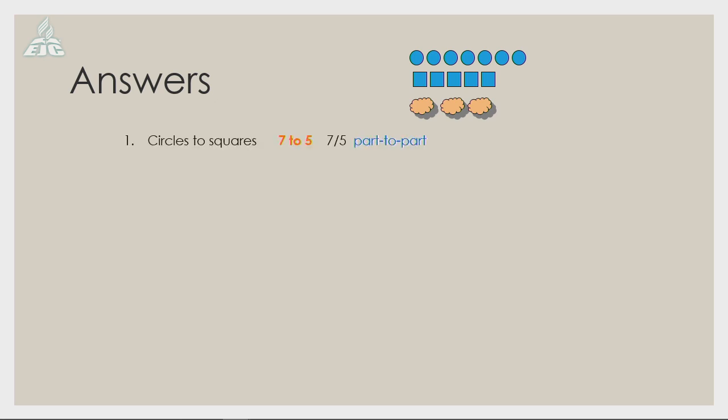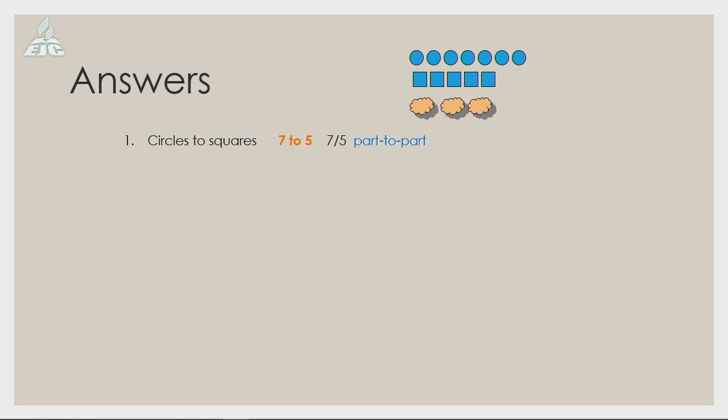Did you get that? Circles to squares. How many circles do we have? 7 circles. How many squares? 5 squares. And we said that we can write the ratio 3 ways. So we have circles to squares, 7 to 5. So that's using the word "to".